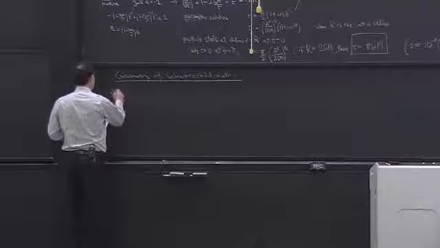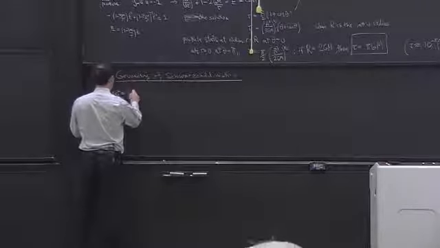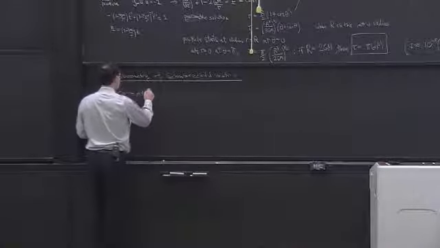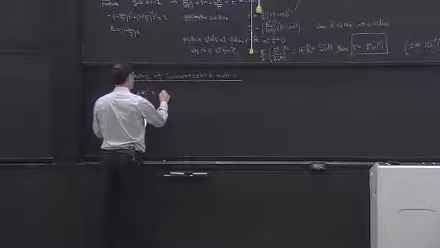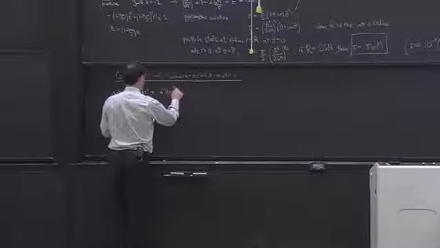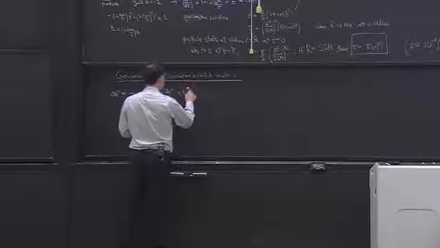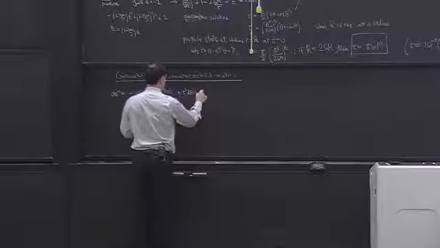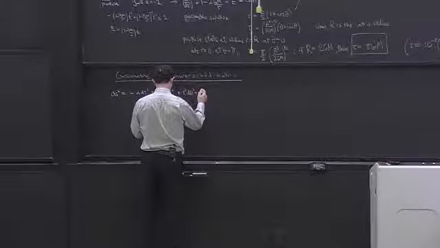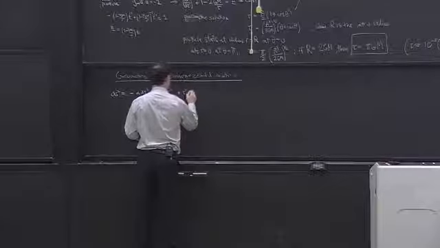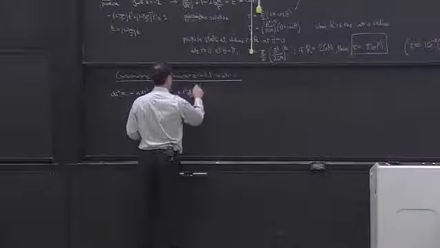So I'm going to write down the Schwarzschild metric, and this is my notation: alpha dt squared plus alpha inverse dr squared plus r squared d omega squared.